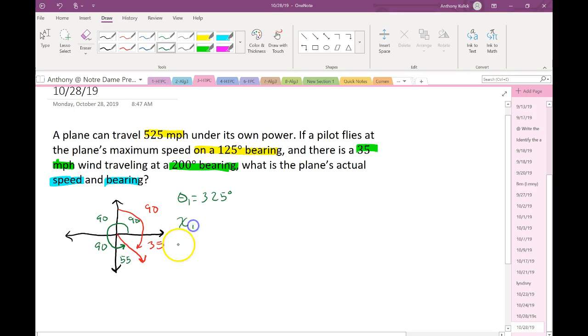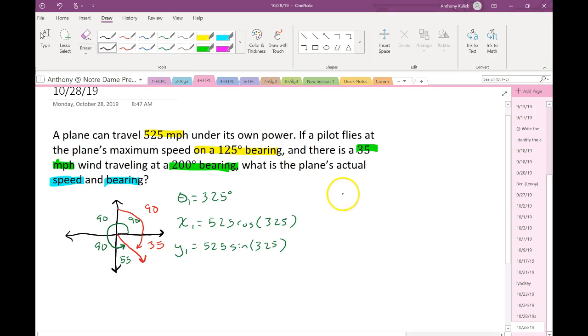And then using that, I can calculate my horizontal and vertical components. So my horizontal component is going to be the speed of the plane times cosine of 325. And my vertical component is going to be the speed of the plane times sine of 325.